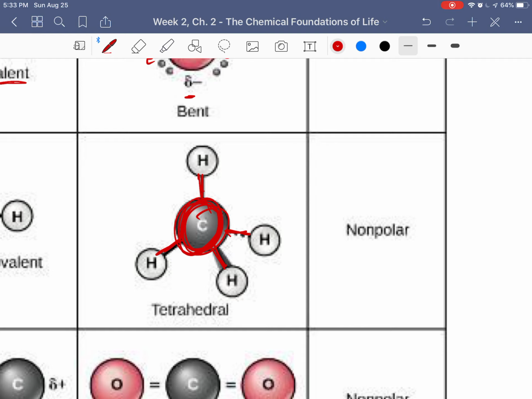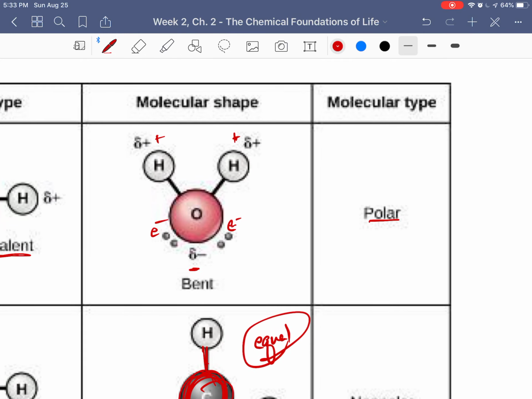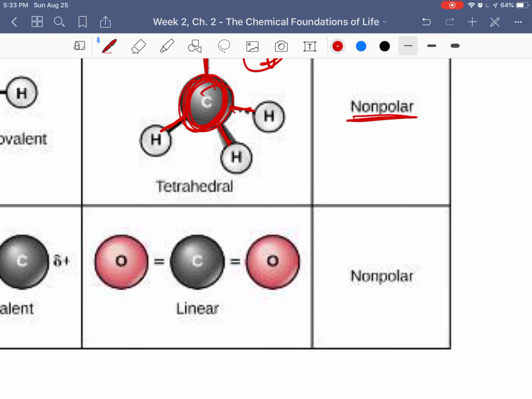Those hydrogens are completely encasing the carbon, and they all have the same electronegativity, so it's going to be equal around it, and it will be nonpolar. So equal charges around a molecule is nonpolar, and when you have a more positive versus a more negative end, you're going to have polar.